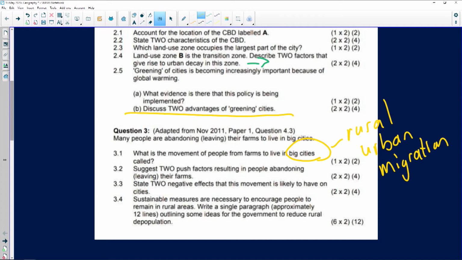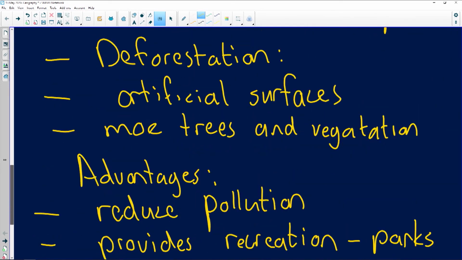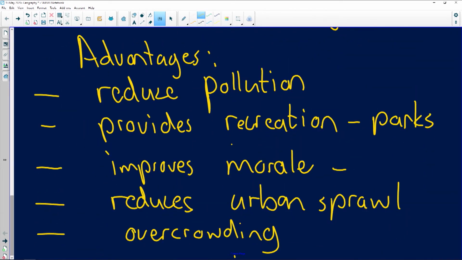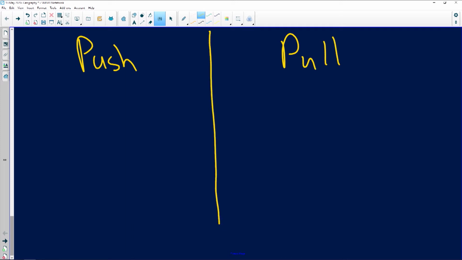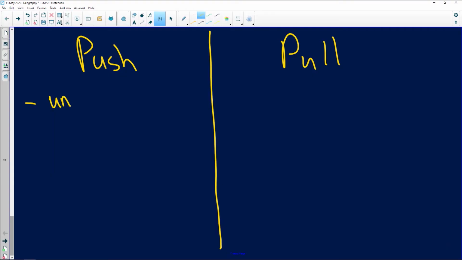Let's just quickly distinguish once again between pull and push factors. When we look at push and pull, these factors are the reason why we experience rural-urban migration. What pushes people away from the rural areas? Unemployment.